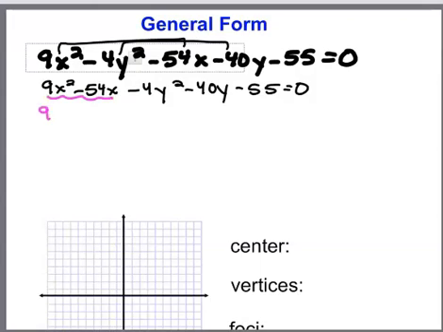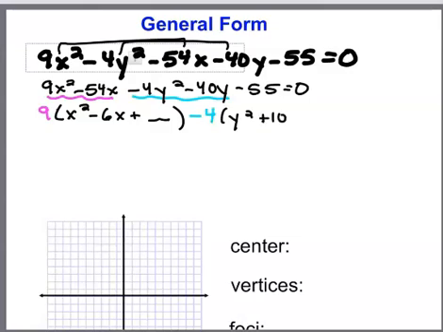I'm going to factor out that 9, and I'm left with x squared, 54 divided by 9 is 6. Okay, and now I'm going to put a blank there. All right, now out of these, notice that this is negative, so I'm going to take out a -4. -40 divided by -4 is +10, so I just factored out a -4. I'm going to leave a blank.